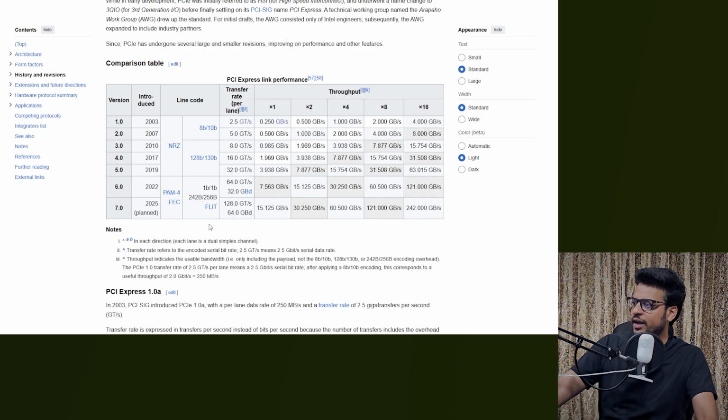Now, if the same x8 card was running in a generation 4.0 slot, that would have still given us 15.754 gigabytes per second, which is the same as the x16 card running at 3.0. So this still might have been okay, but the best case scenario, a 4.0 x16 card running in an x16 slot, is 31.508 gigabytes per second.